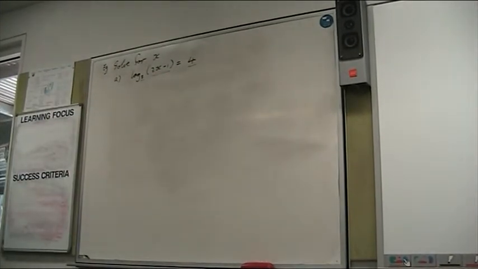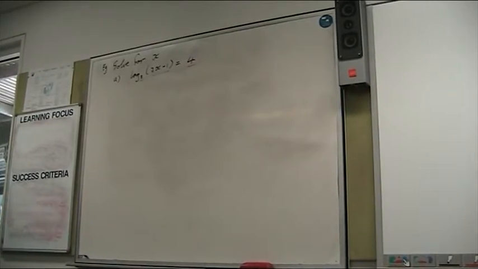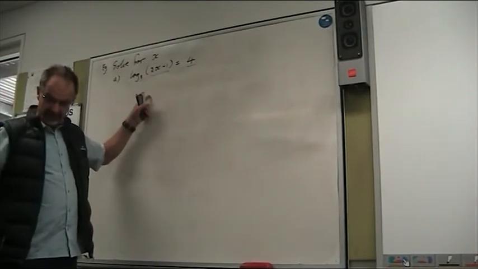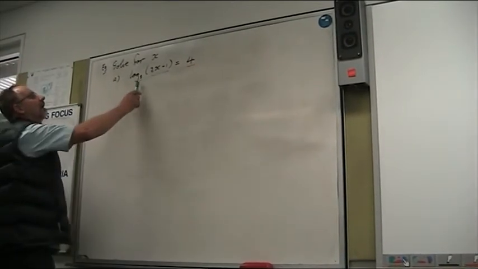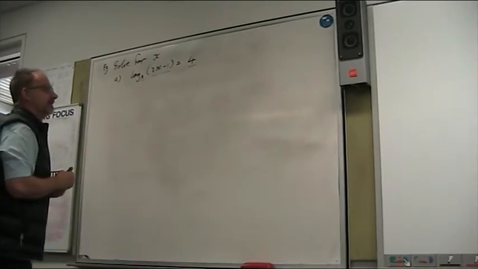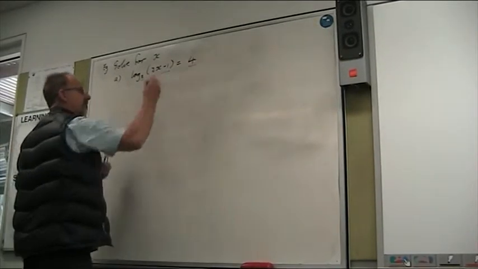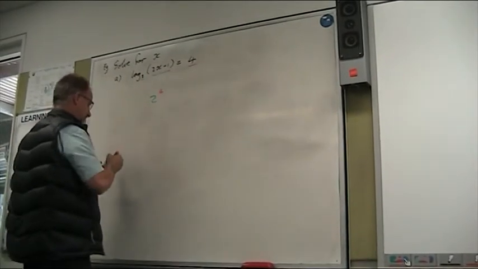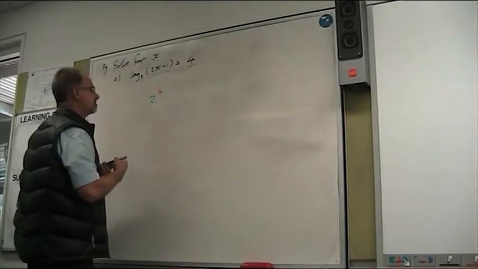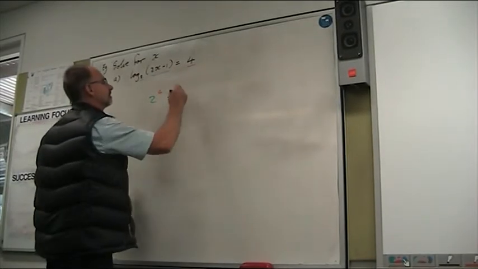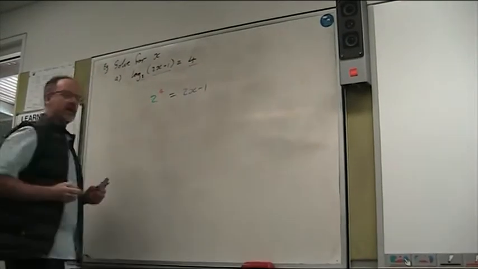All right. So here we've got a log equation. Log to the base 2 of 2x minus 1 equals 4, and we've got to find x. So the way we can do this is we can turn this into an index equation. So as an index equation, it would be 2 to the power of 4 equals 2x minus 1.